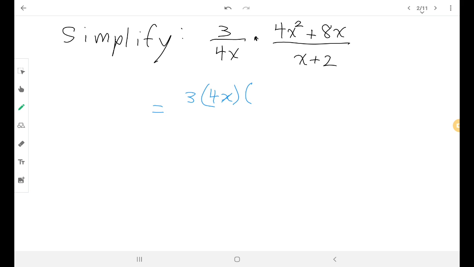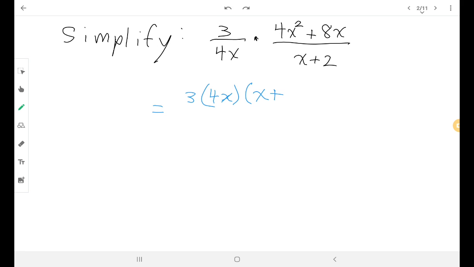So what happens is, if I factor a 4x out, it's kind of like dividing a 4x out of all of these things. So 4x squared divided by 4x: 4 divided by 4 is 1, x squared divided by x is just x, so I have 1x, or just x. And then plus, that's that plus right there.